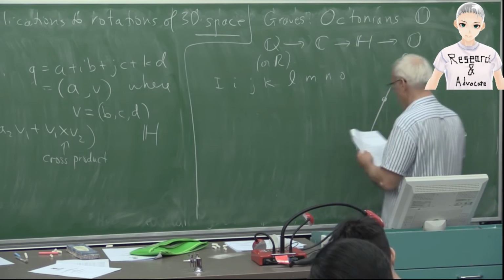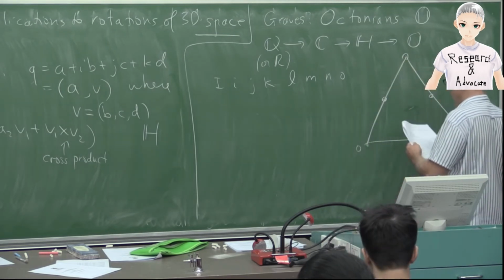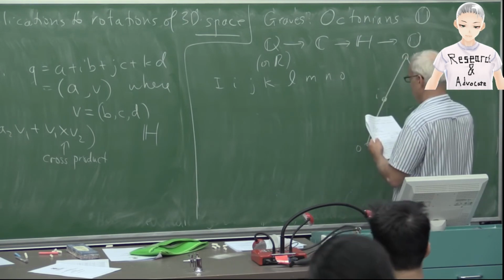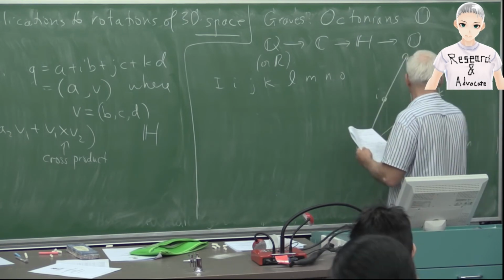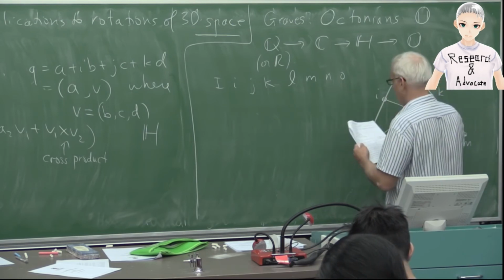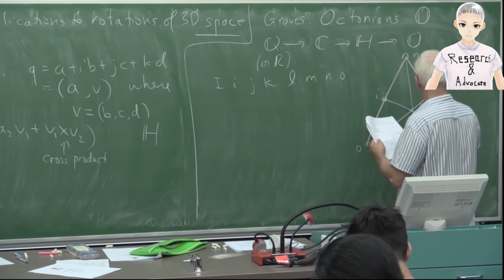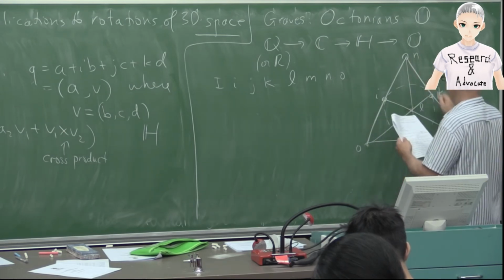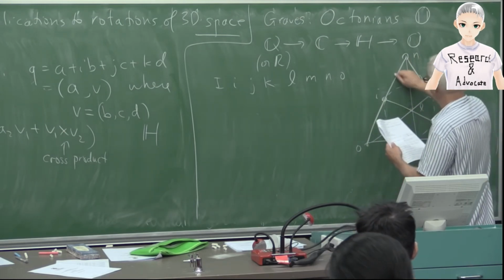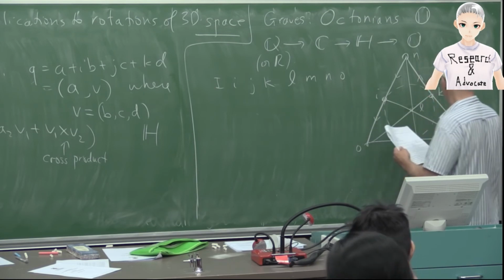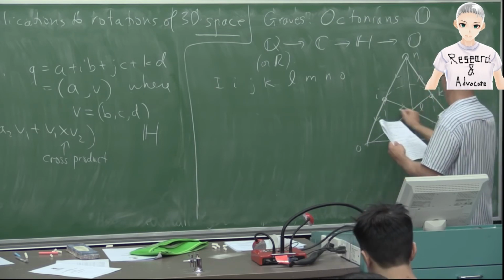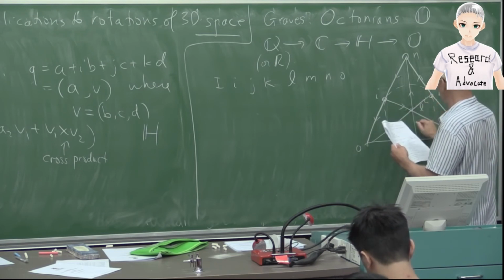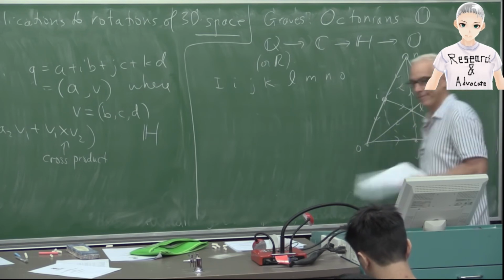So we put an O here, a J here, an M here, a K, an N, an I, make an L, make a circle here, and we put arrows. That way, that way, that way, that way, and this way.